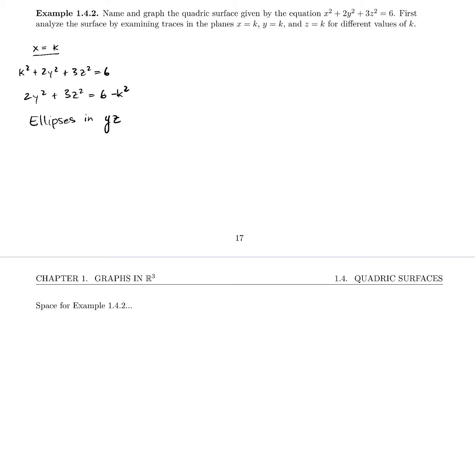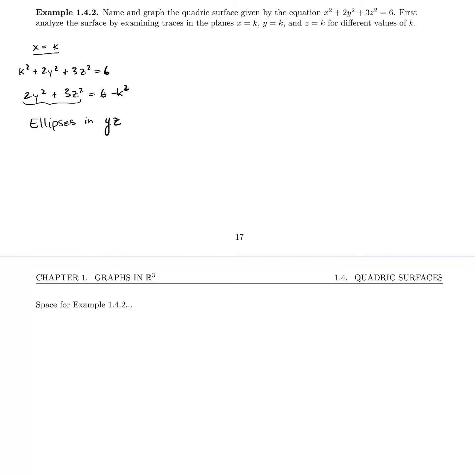Now there's more information that we can get by looking here. On the left-hand side, we're summing two non-negative values, so the left-hand side must be greater than or equal to 0. On the right-hand side, therefore, this must also be greater than or equal to 0, which gives us a little bit of information on the k values that we can take, how far our surface extends in the x direction.